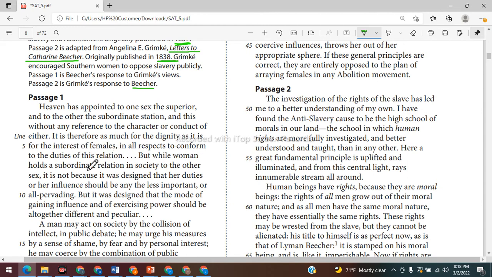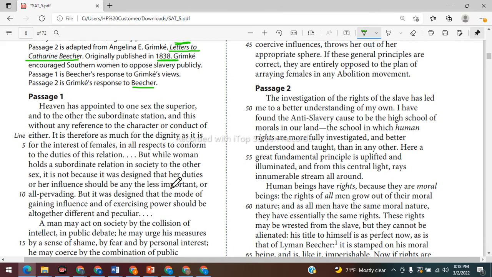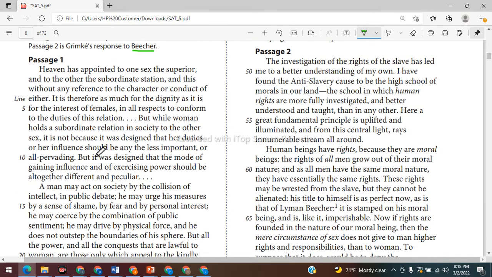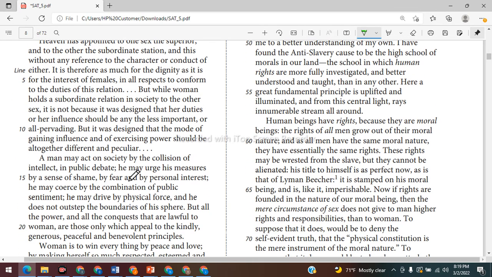But while woman holds a subordinate relation in society to the other sex, it is not because it was designed that her duties or her influence should be any the less important or all pervading. But it was designed that the mode of gaining influence and of exercising power should be altogether different and peculiar.